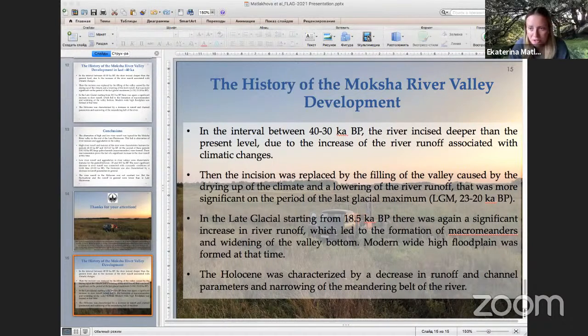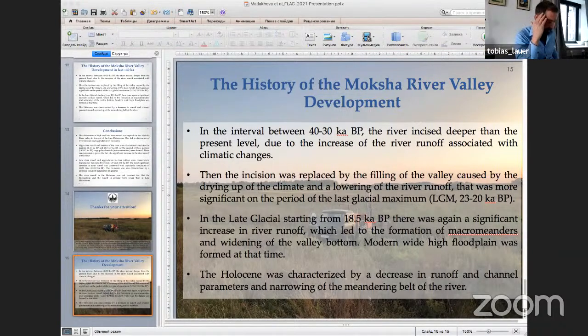I can say that there are no clear differences. It is a mix of different layers of different sands and loams during all the thickness of a level in these boreholes. So no significant differences. Okay, thanks.